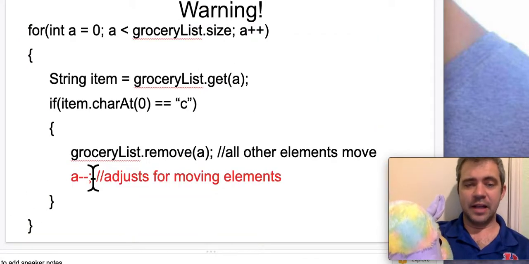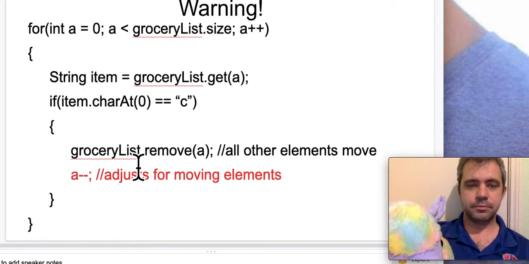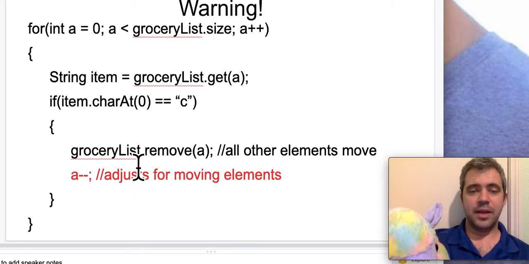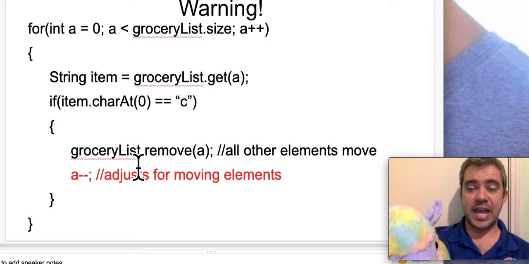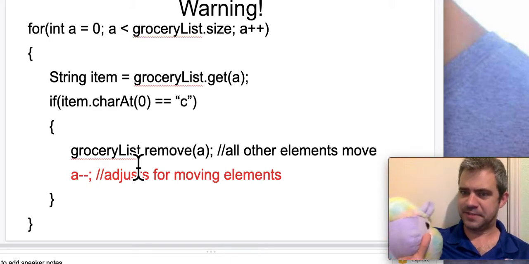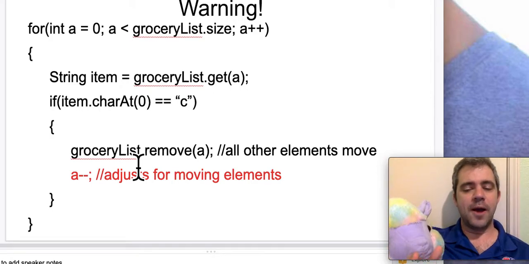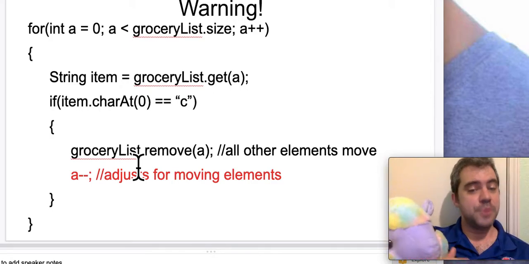And finally, a little warning about looping through lists. Lists change size. And everything is not necessarily where you just left it. Because when you add stuff, things move. When you remove stuff, things move.